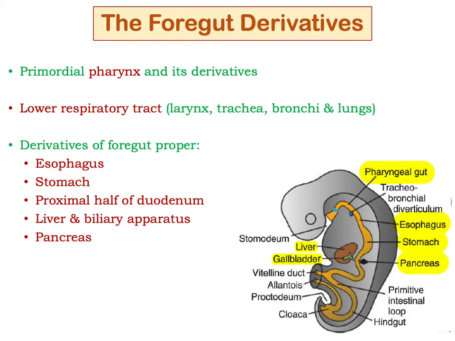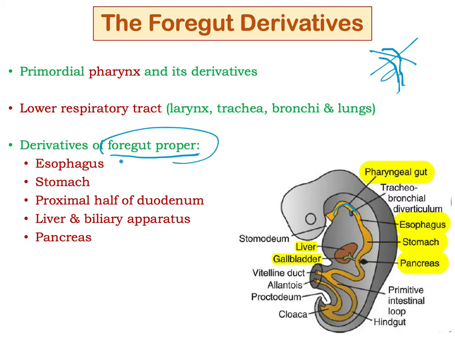Now, the pharynx, there is no doubt about that. Now, what about the foregut proper? What will it give? If you know the anatomy of the GI system in adults, you can conclude that we finished the pharynx. Forget the diverticulum now.